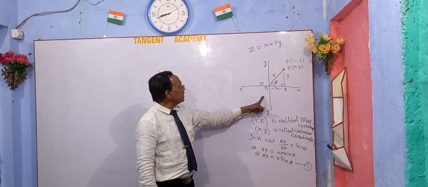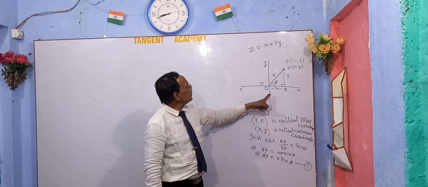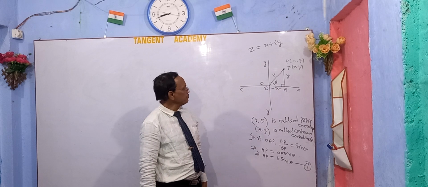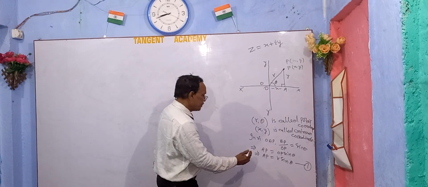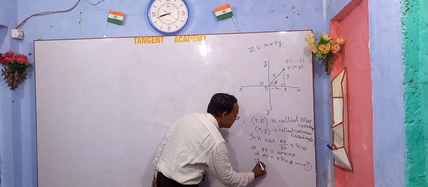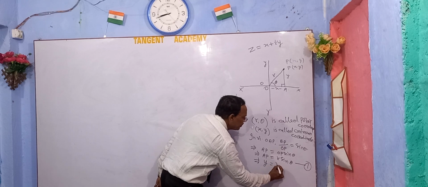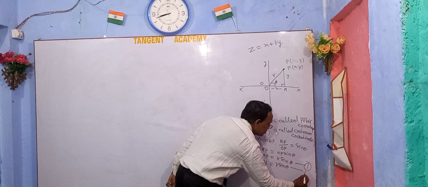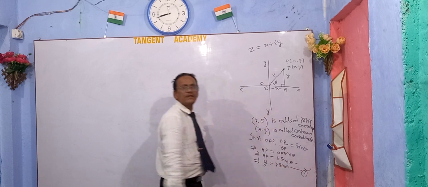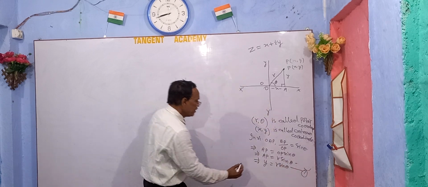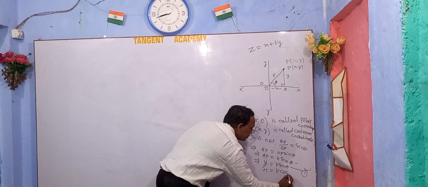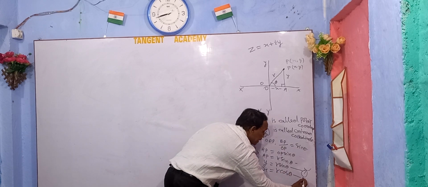So we have obtained the value of AP, and the value of AP is equal to y, which implies y is equal to r sin theta. In a similar pattern we can obtain x is equal to r cos theta in the given right triangle.